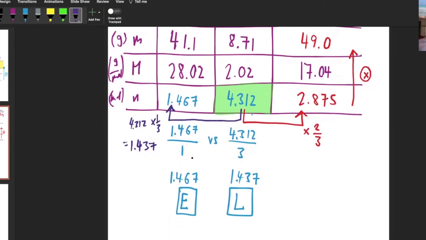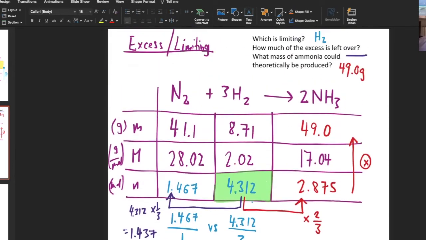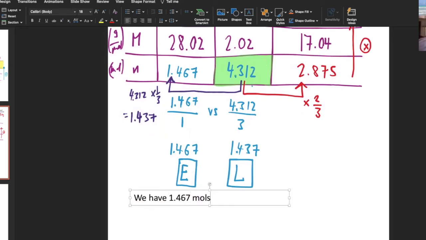So I'm going to write a couple of sentences at the bottom here, and then this will solidify the last part of the question, okay? So this is nitrogen. We have 1.467 moles of nitrogen.